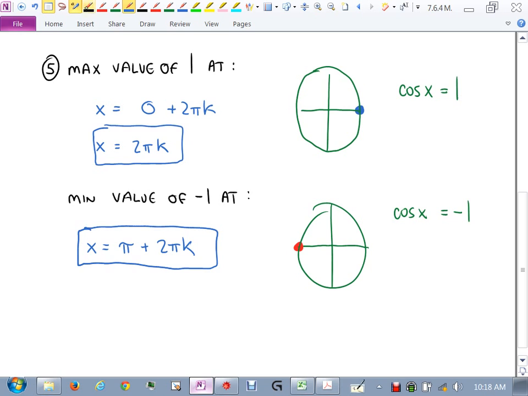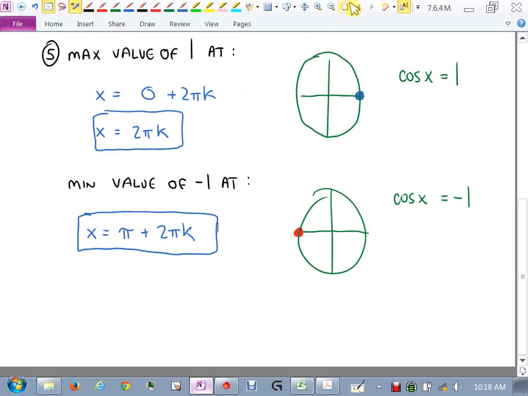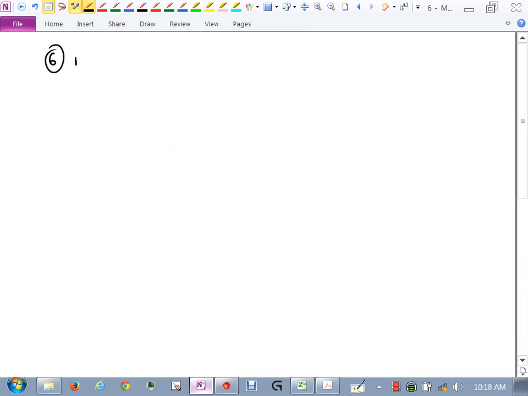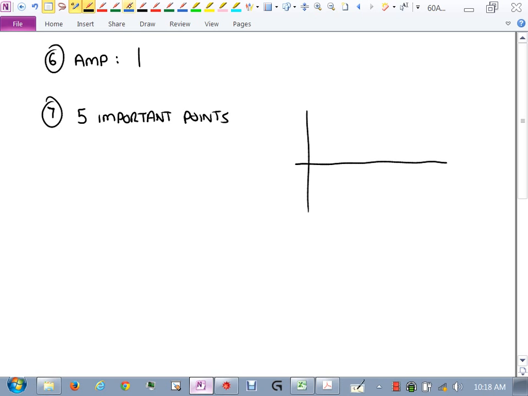All right, what's the amplitude of the cosine function? Amplitude's still 1, right? I'm just going to put amp 1. And then for 7, it has 5 important points. What are the 5 important points for the cosine?